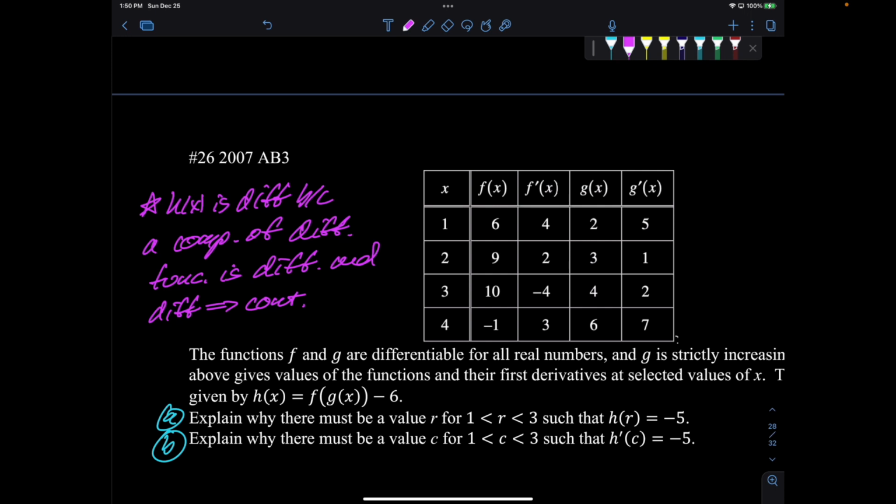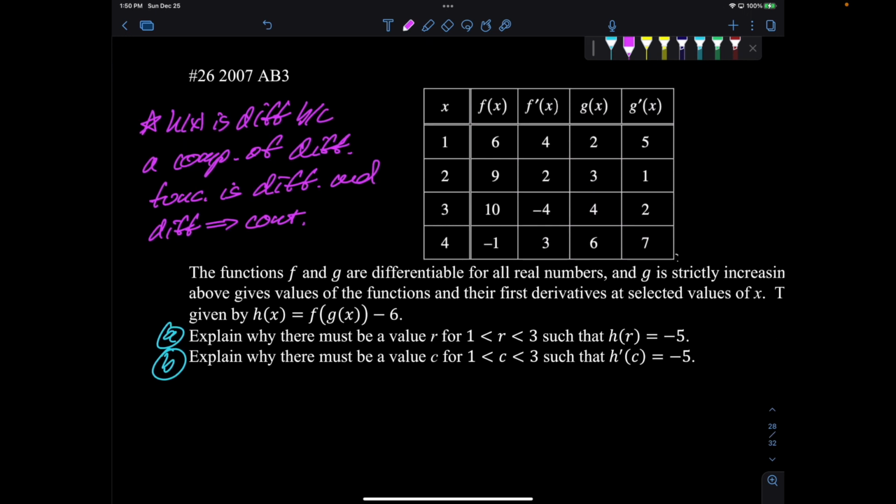I really should have written that like for A. So that's how I would start A. I would say h of x is differentiable because a composition of differentiable functions is differentiable, and differentiable implies continuous.